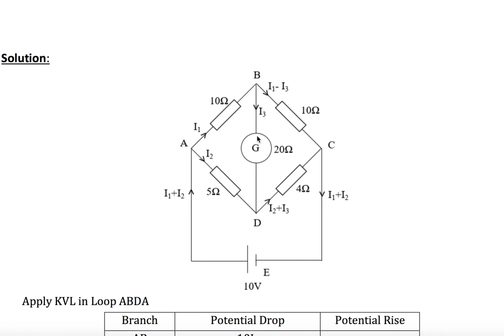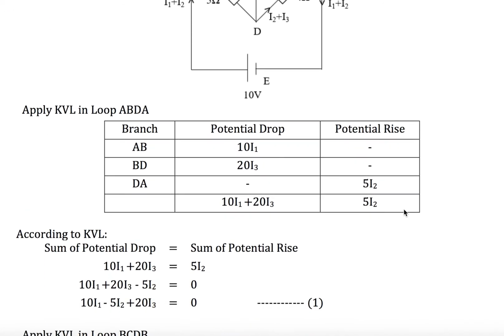From here again I3 is flowing like this, so remaining current I1 minus I3 is flowing to 10 ohm. These two currents are meeting at the, so the overall current in CD branch, DC branch is I2 plus I3. When you add I1 minus I3 plus I2 plus I3, you will end up getting I1 plus I2. That is what the incoming current is, so that should equal to outgoing current.